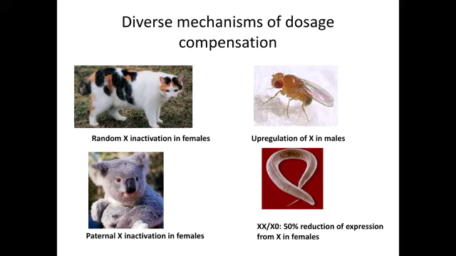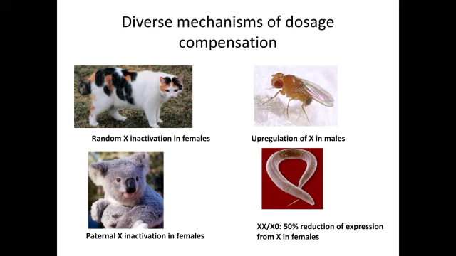Now, this problem of dosage compensation is seen across basically all of animals. Mammals have an XY system, all right? It turns out Drosophila also has an XY system, but the Y chromosome in Drosophila or other flies isn't what makes it male. What makes Drosophila male is how many X chromosomes they have. So if they have 2 X chromosomes, they're female.